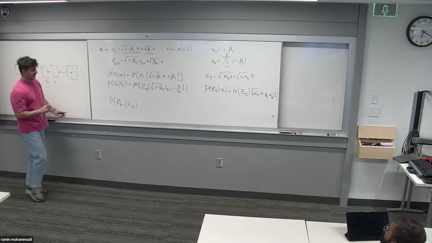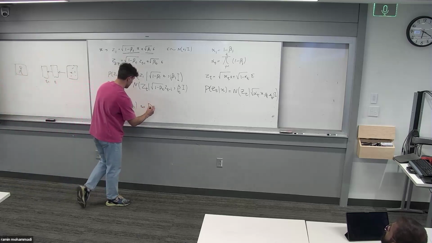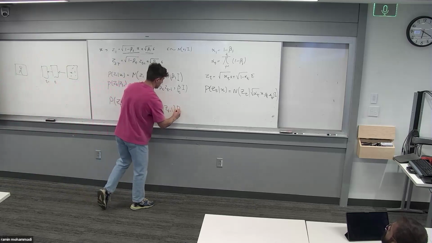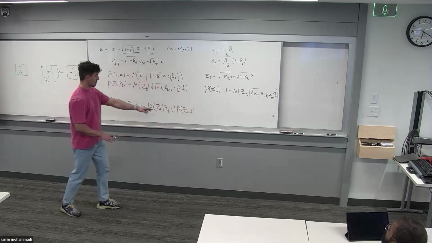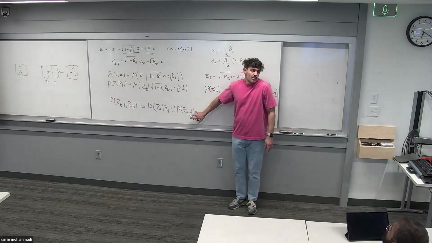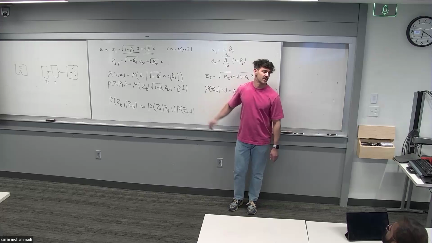And we know this technically comes from Bayes' rule: the probability of zt given zt minus 1 times the probability of zt minus 1. So this one is the prior. It tells you the chance, in general, of having zt minus 1, the prior knowledge.